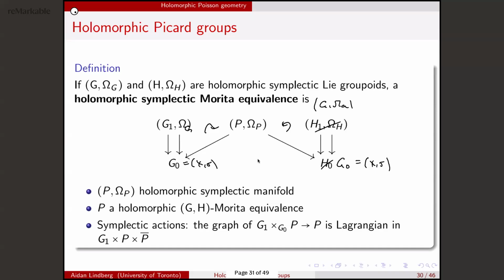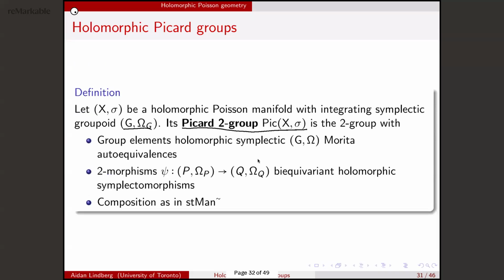These are my group elements. I can compose group elements exactly like I did before, and my 2-morphisms are going to be exactly like they were before, except now they're also just going to be holomorphic and respect this symplectic structure. So this 2-group is exactly like the previous 2-group, except that now we just have to take into account the holomorphic and symplectic structures.